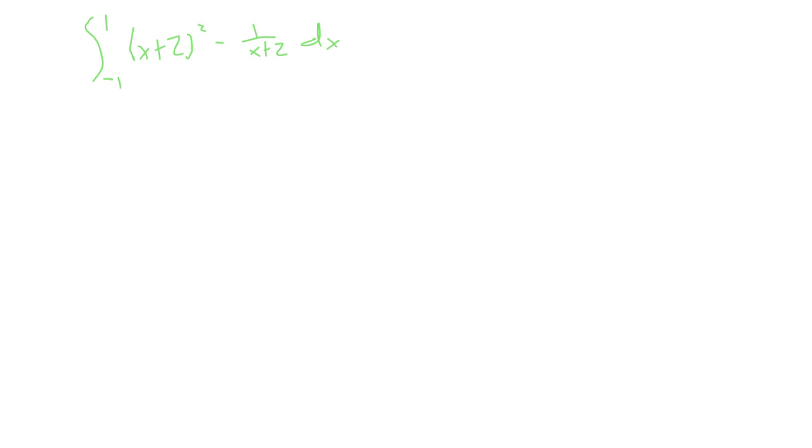These are the same two pieces we had from last time, so we can just switch them around. This time we're going to get 1/3 times x plus 2 cubed minus the natural log of the absolute value of x plus 2, going from -1 to 1. So now it's just a matter of plugging things in.